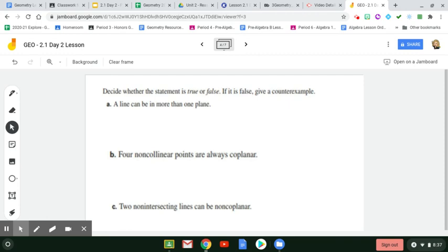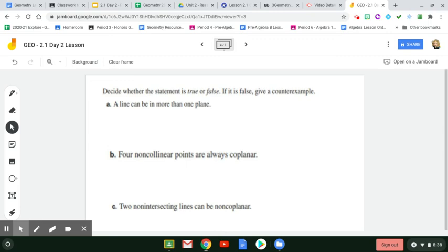So again, pause your video and I want you to really think about these statements, thinking about the point, line, and plane postulates. A line can be in more than one plane. 4 non-collinear points will always be coplanar. So non-collinear means, remember, you don't have a straight line.